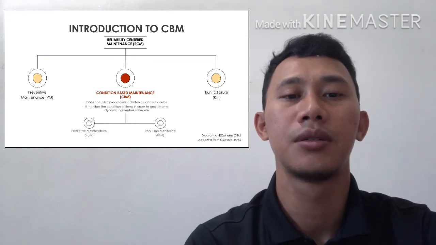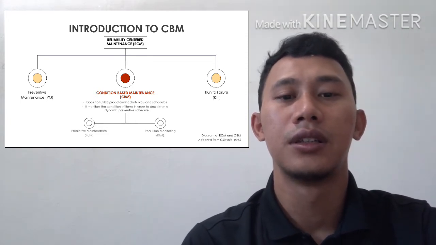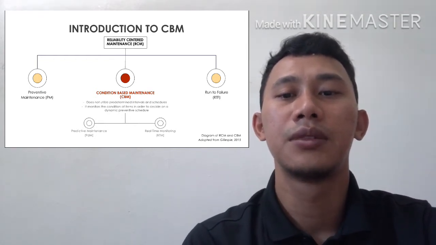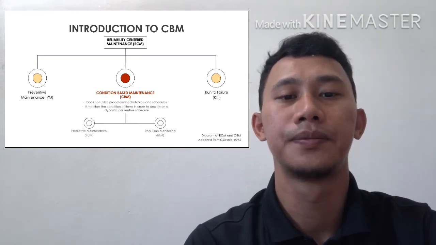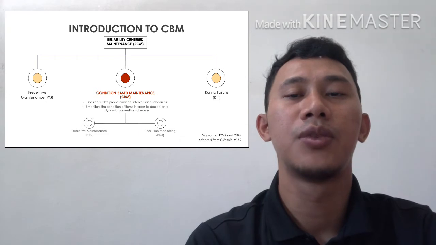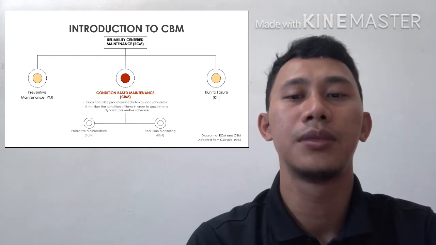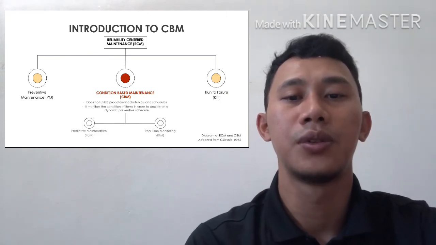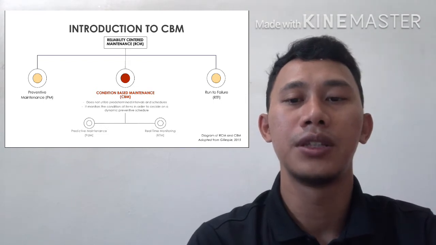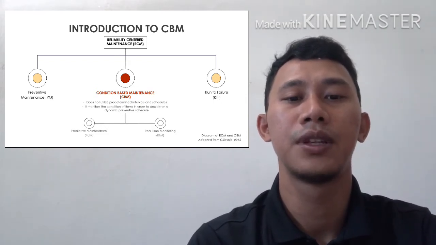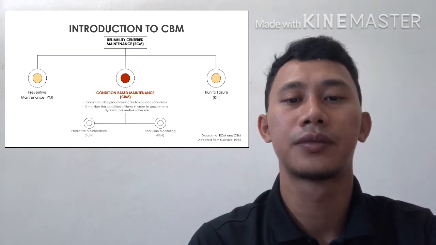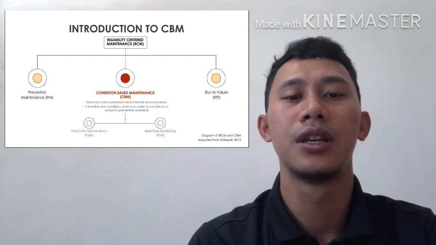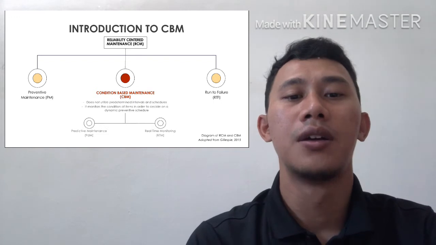Second is condition-based maintenance, CBM, which does not utilize predetermined interval and schedule. It monitors the condition of the item in order to decide on a dynamic preventive schedule, which is based on PDM, predictive maintenance, or RTM, real-time monitoring. Third one is RTF, run to failure.